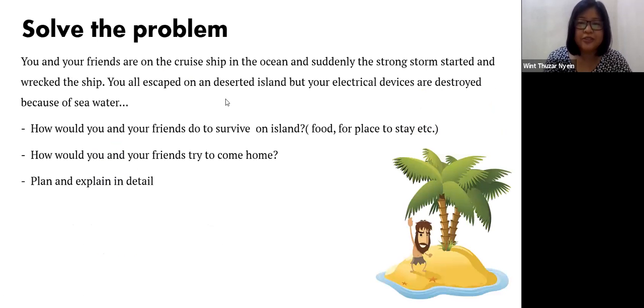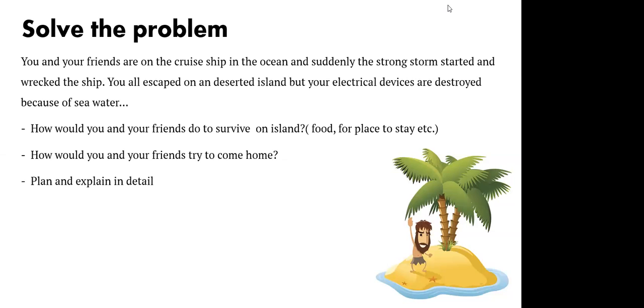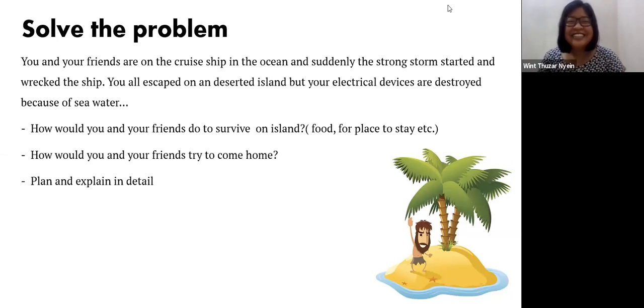Here's the project you're going to have to do. You will see the picture here. We're going to become like Tarzans. You and your friends are on a cruise ship in the ocean, and suddenly a strong storm wrecks the ship, but you all escape to a deserted island. When we say deserted island, there is no one else, right?